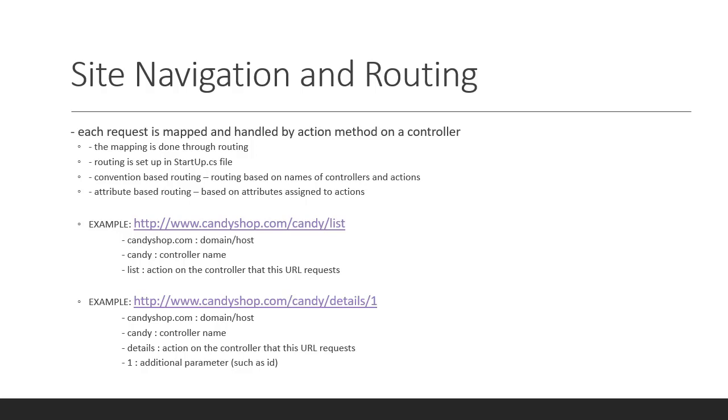There are two main types of routing available: convention-based and attribute-based routing. For MVC-based applications, convention-based routing is more common, and we will use that one too. Attribute-based routing is more common in APIs.